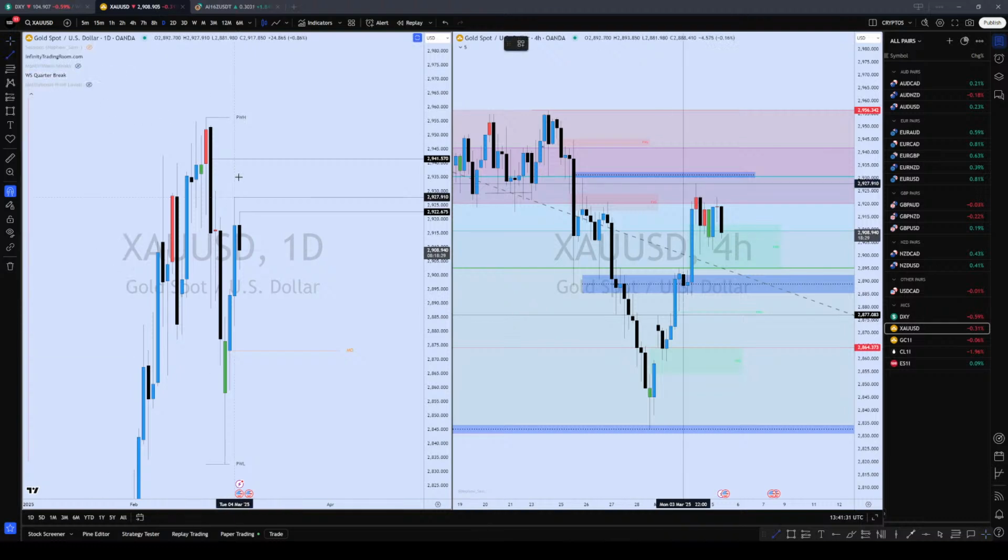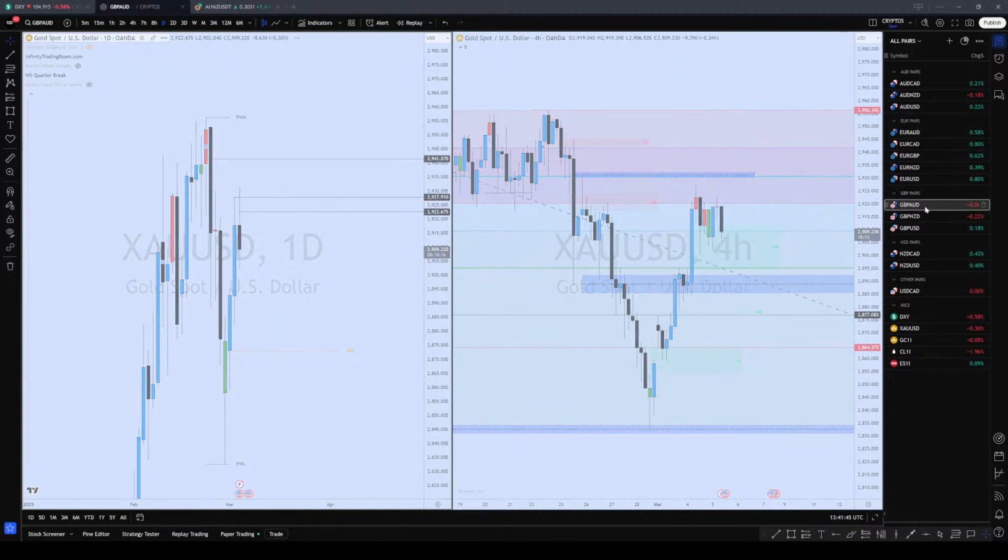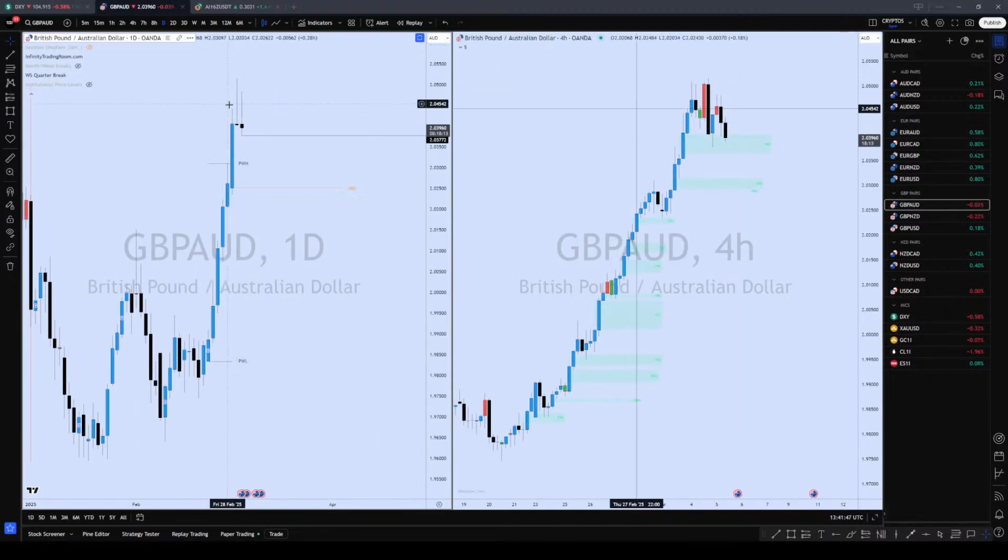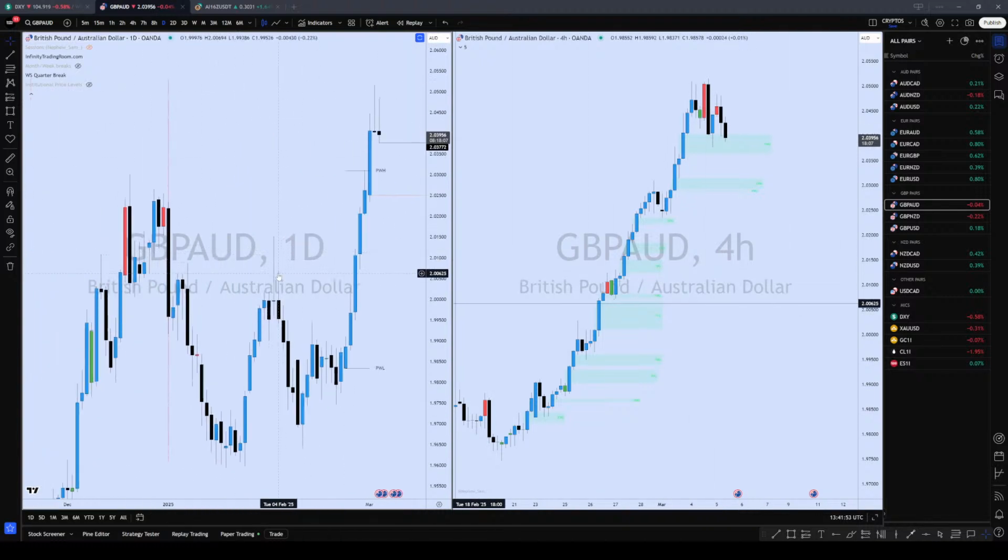When it's like this, it's different. When it's like this, it's different. That's higher high. That's the same thing that I just showed you on this pair. You trust this, or I trust this more, that we are going to go down than this one.